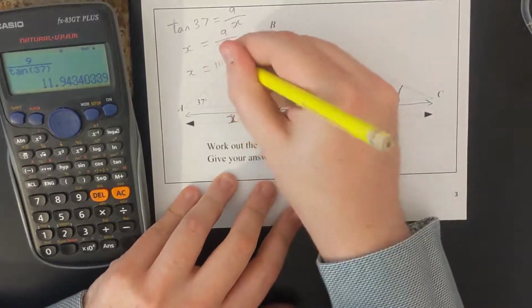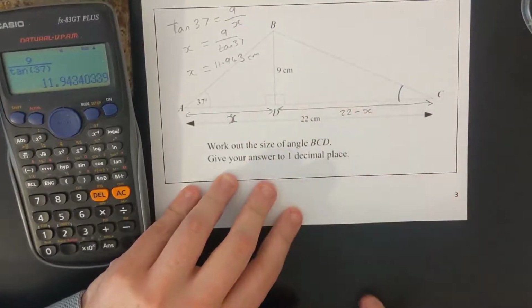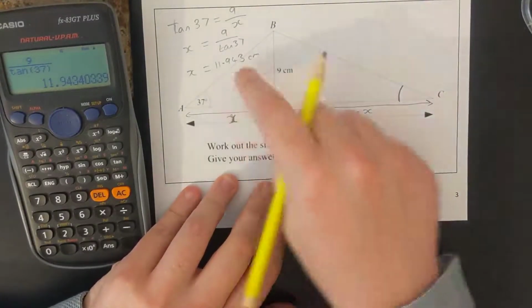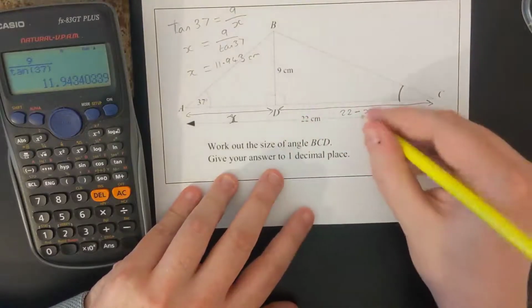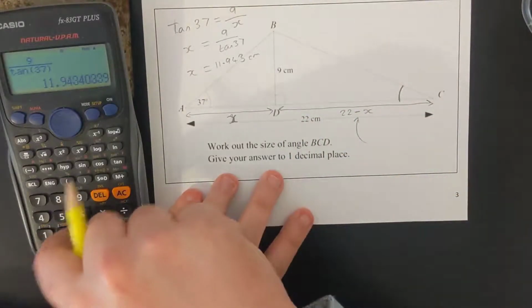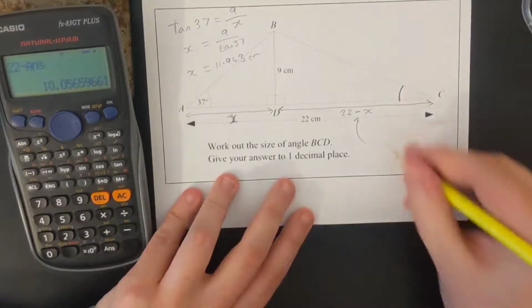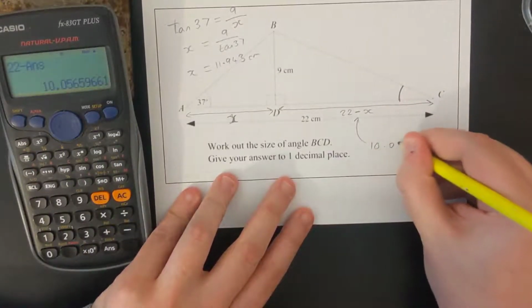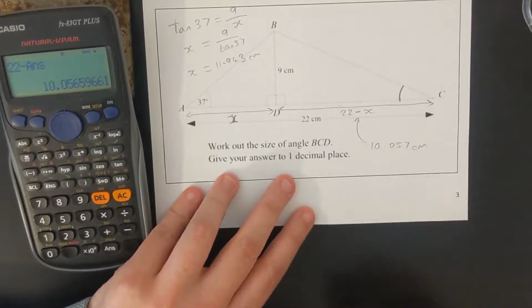Notice I'm not going to one decimal place here yet, even though that's the final answer, because otherwise I'll have rounding errors through my answer. So I've gone to a nice, easy to work with number, but to much more precision than I need in the final result. Because then I know that this length here, 22 subtract x, I'm just going to type 22 minus answer into my calculator, is 10.057, again to 3 dp, centimetres.